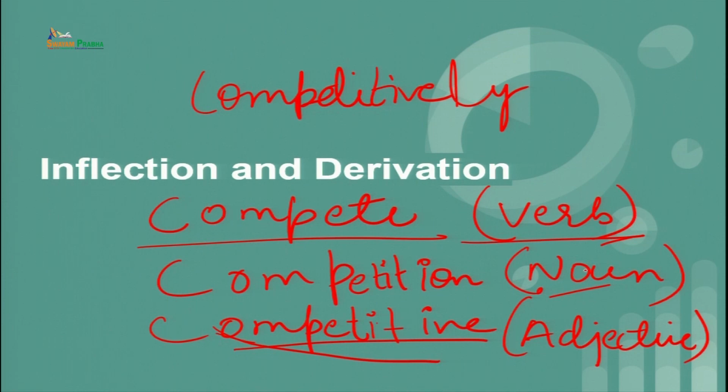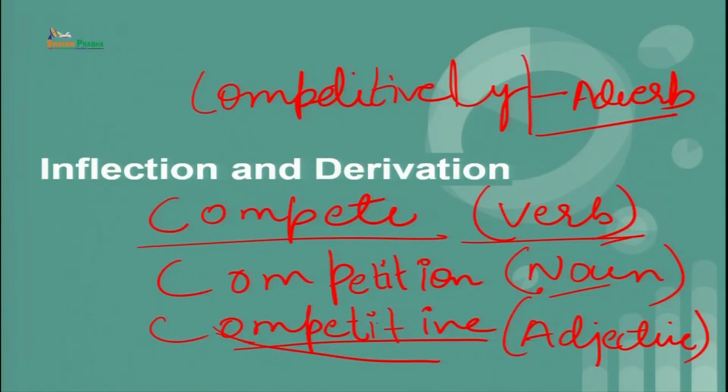So, do you think that it is a verb or noun or adjective? No, it has taken another form. And what is that form? It is adverb. So, you see that a noun changes to verb, verb changes to adjective, adjective has changed to adverb, and so on.